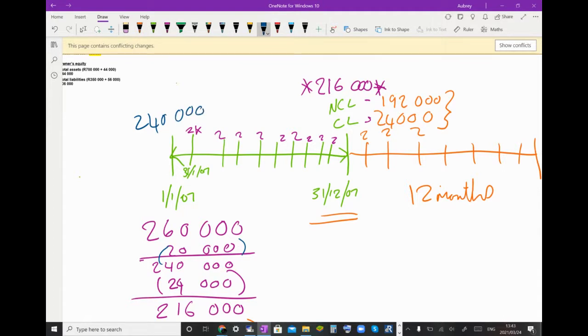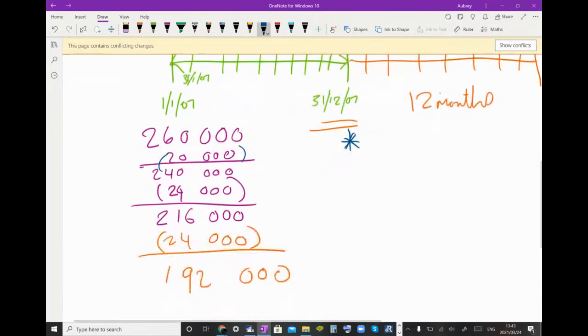That's what we owed. Remember, we still want to find out our non-current and current at this point. We know that we're going to be paying 2,000 every single month, so this 240 is not what we're going to be owing at the end of the financial year. Make sense? So we need to work out what we actually owe in total on 31 December 2007.